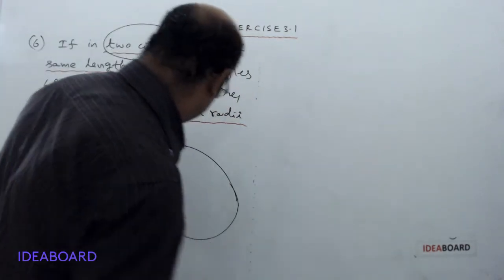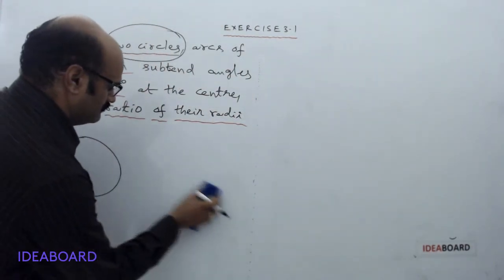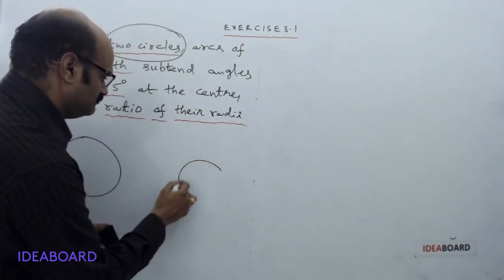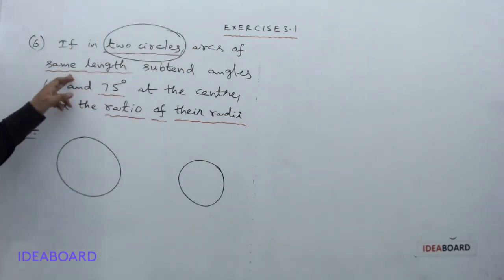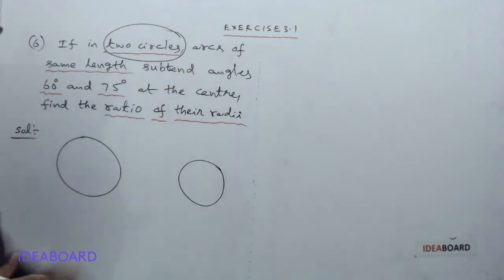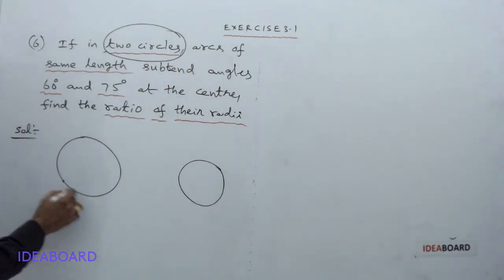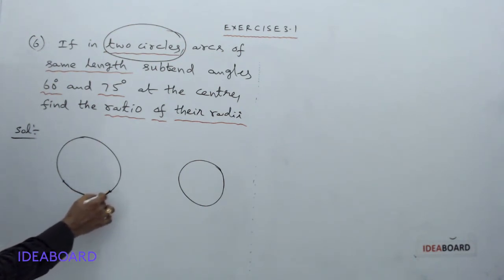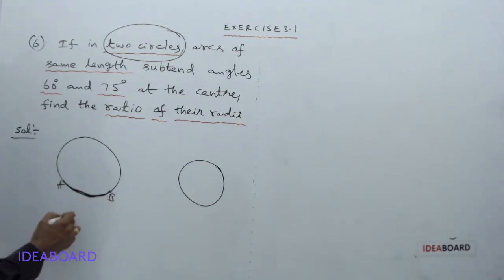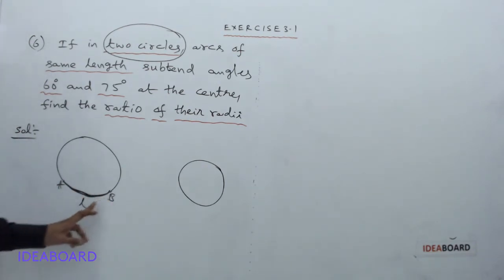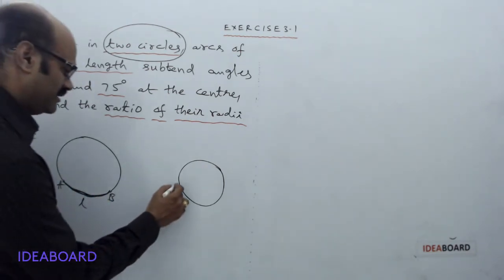Now here, arcs of same length. Let me take one arc here, AB. This is the arc AB. Let me take this as L. Length of arc AB equals L. And let me take here CD.